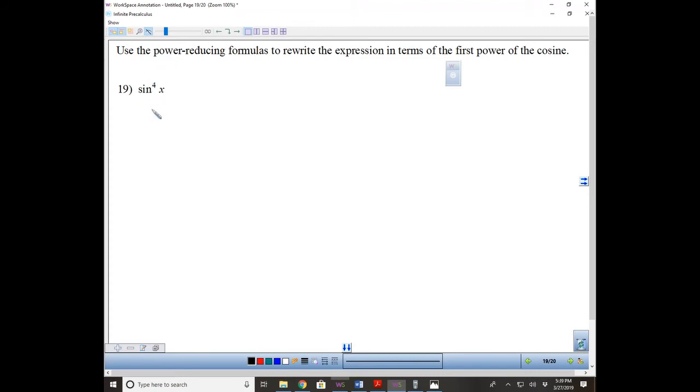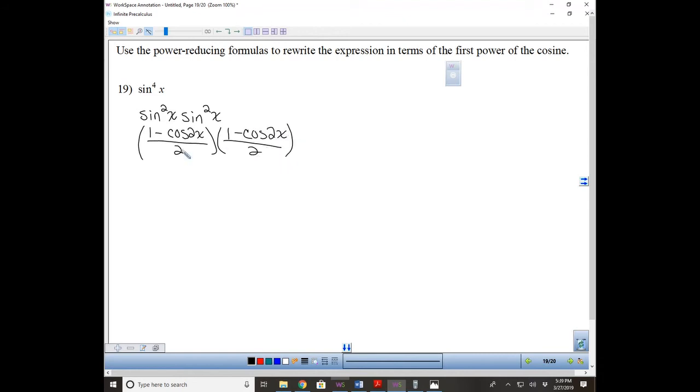All right, so sine to the fourth would be the same thing as saying sine squared x times sine squared x. If I replace those with the power reducing formula, I get 1 minus cosine 2x over 2 times 1 minus cosine 2x over 2.